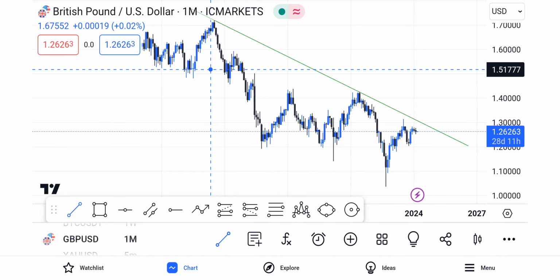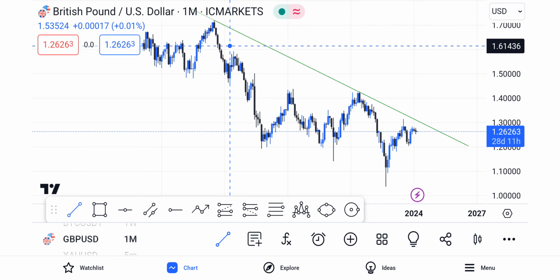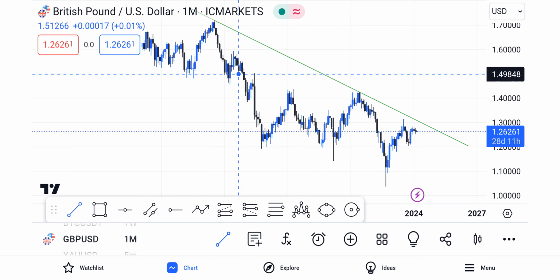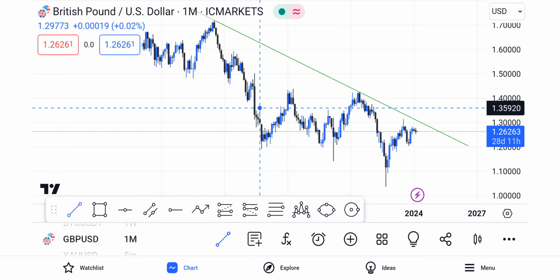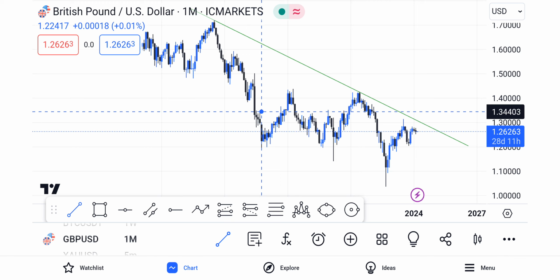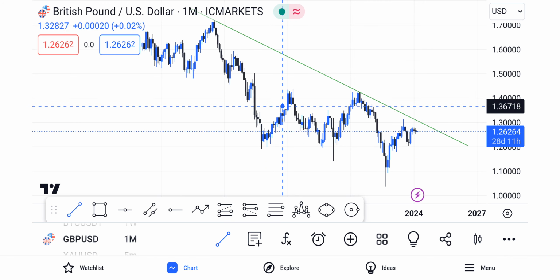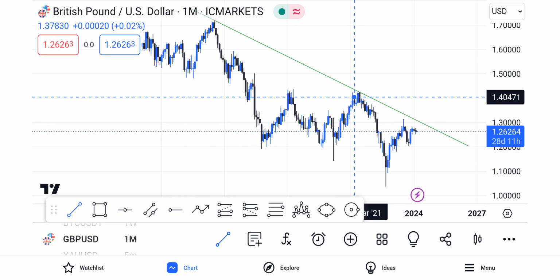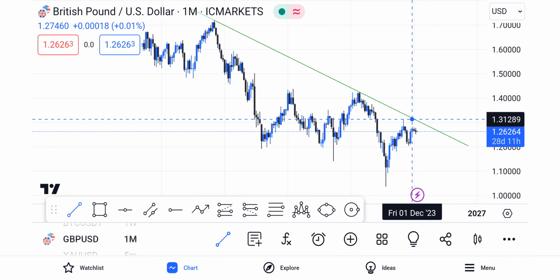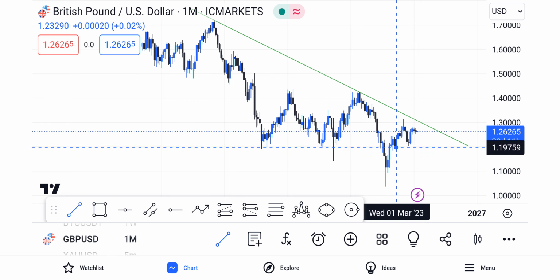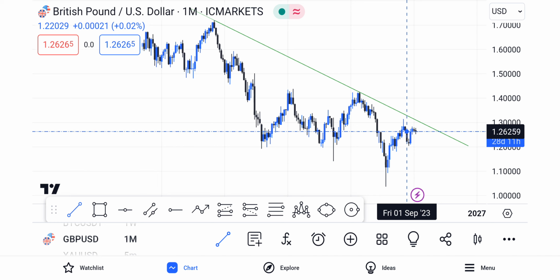So even though we have a dominant bearish outlook on GBP USD, price does not just continue to fall. That is not how price moves. We have an impulsive wave, a pullback wave, an impulse, a pullback, an impulse, and a pullback.